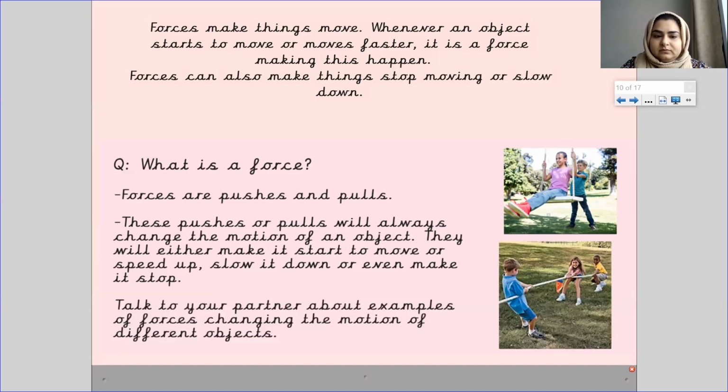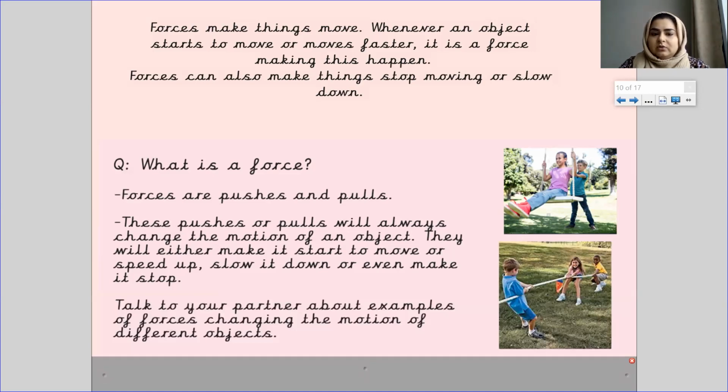Now, I want you to talk to your adult or talk to your teddy about examples of forces changing the motion of different objects. You've got a couple of pictures here that can help you. Pause the screen and when you are ready, come back. Fantastic. Look at this picture of the girl and the boy on a swing.